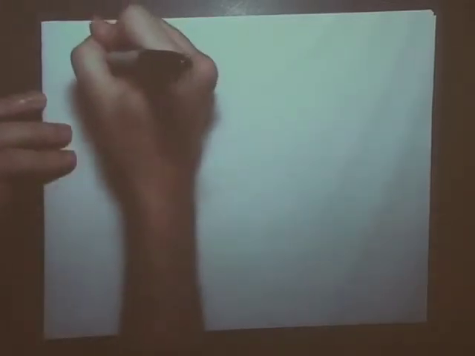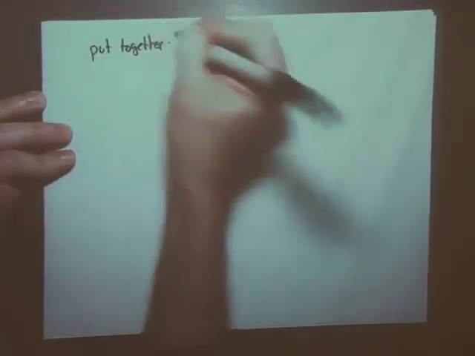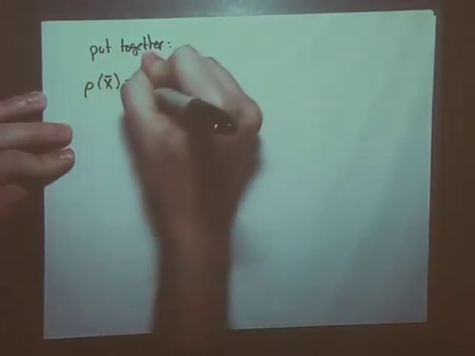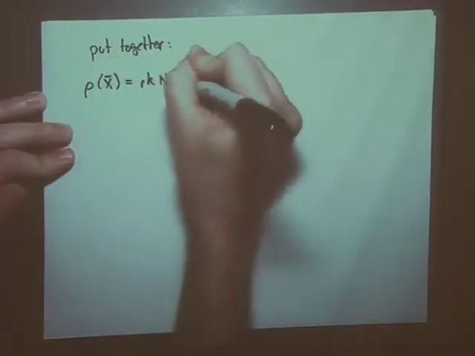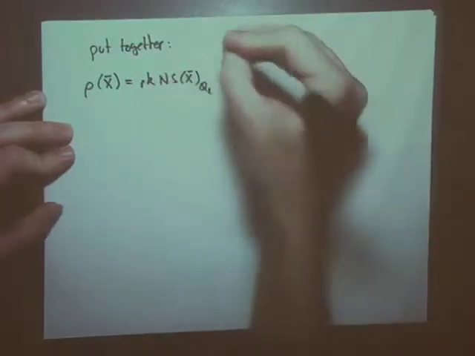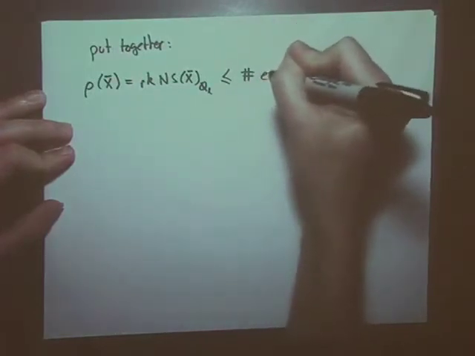So putting things together, what this means is that my rho of X bar, which remember was the rank of this Néron-Severi of X bar, and if you want as a QL vector space, the QL rank, is less than or equal to the number of eigenvalues.